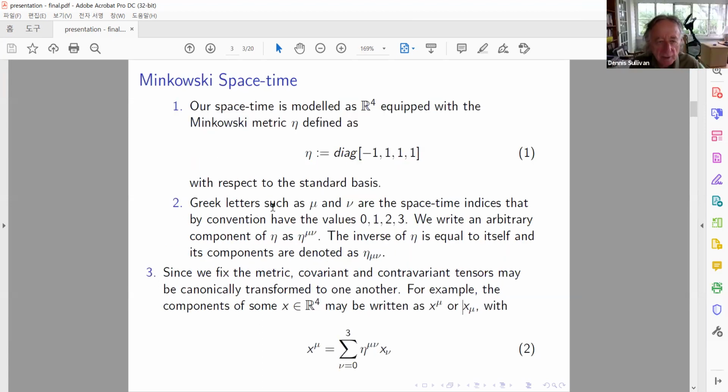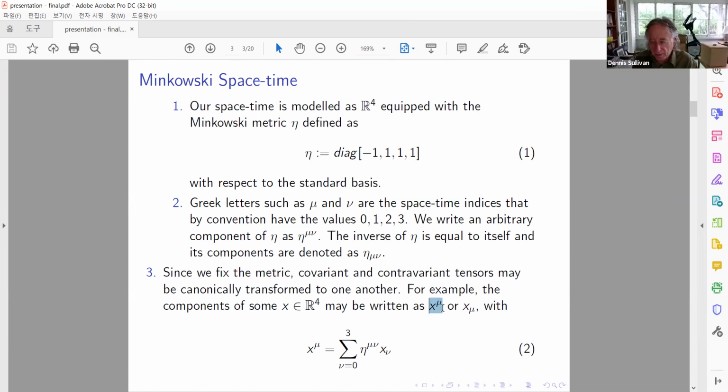Wait, can I have a question? Yes. For a geometric point, should its coordinates be thought of as lower indices or upper indices? What do you mean by geometric coordinates?